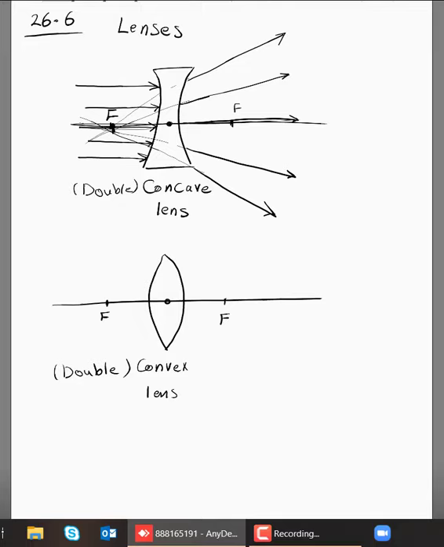And the other one, as it is obvious from its shape, if I have a beam of light entering the lens, it's going from a less dense medium, for example air, into a more dense medium, like the glass that is the lens.